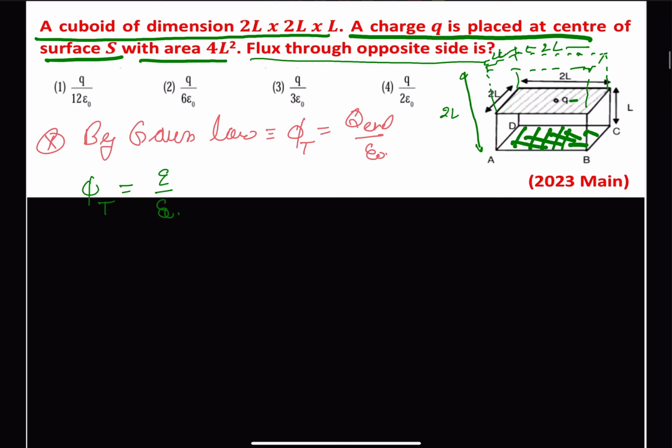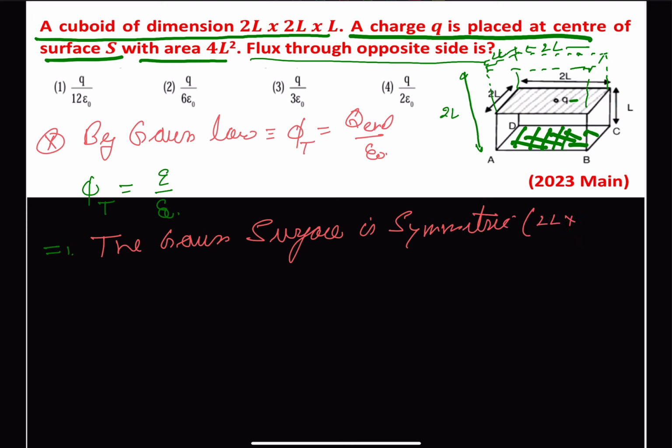So we can say that the Gauss surface is symmetric. Symmetric means 2L by 2L by 2L, which is basically a cube.